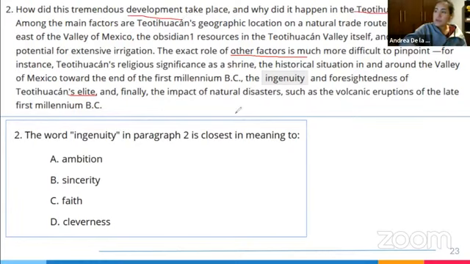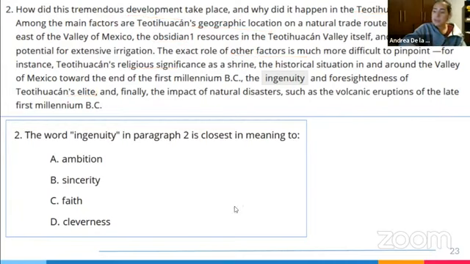It was one factor, among others, right? Among their geographic location, among their obsidian resources, among the religious significance, among the impact of natural disasters. So one of the factors that led to the development of the city was the ingenuity and foresightedness of the Teotihuacan elite.